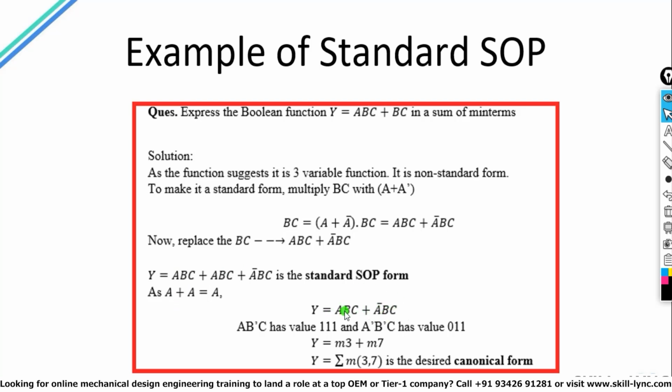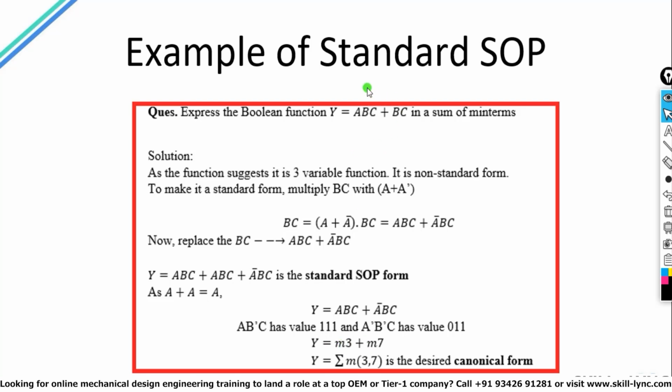Now because it is SOP, it has min terms, so it will be 1 1 1 and 0 1 1. So 1 1 1 is 7 and 0 1 1 is 3. So you can represent it as y equal to sigma small m 3 comma 7, or you can write m3 plus m7.